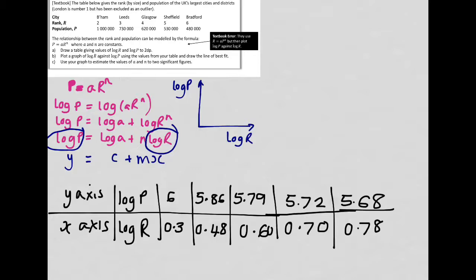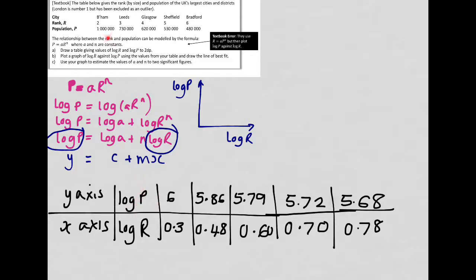So what I've done now is, remembering that the y-axis is log p, from my set of values I have taken the log. I'm using log on the calculator, so that, if you remember, is base 10.